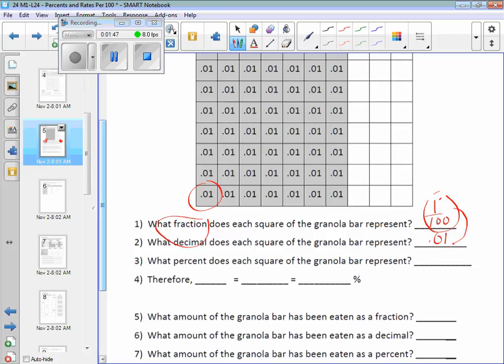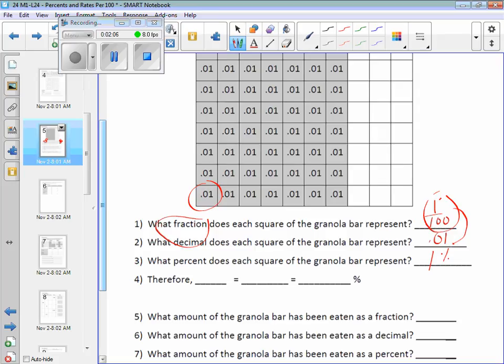What does each box represent as a percent? I got one hand up. Come on, think. 1 out of 100 is what percent? Michael? 1%.